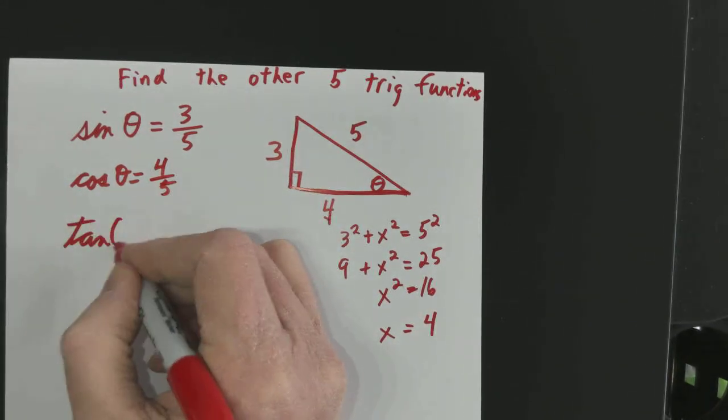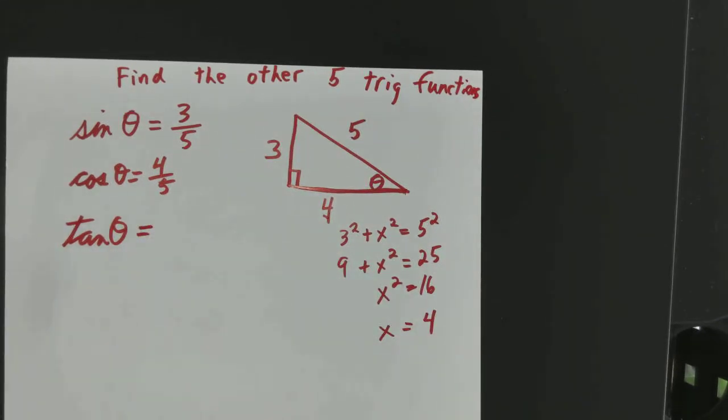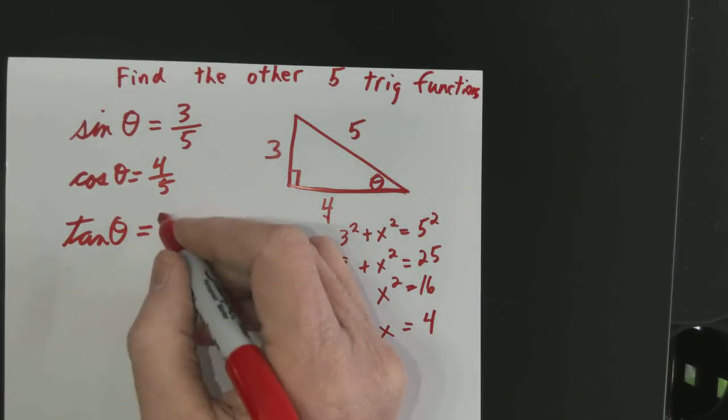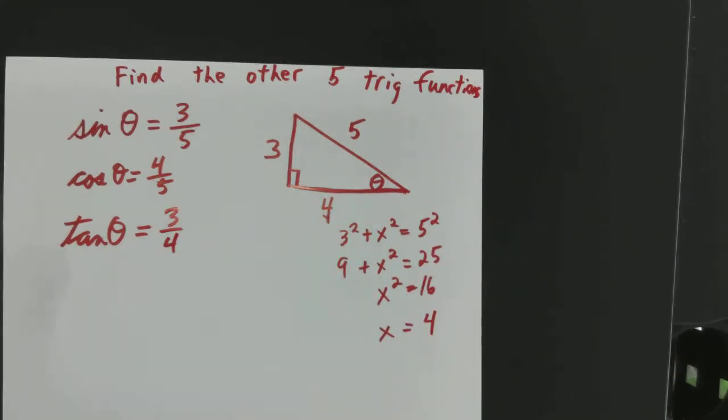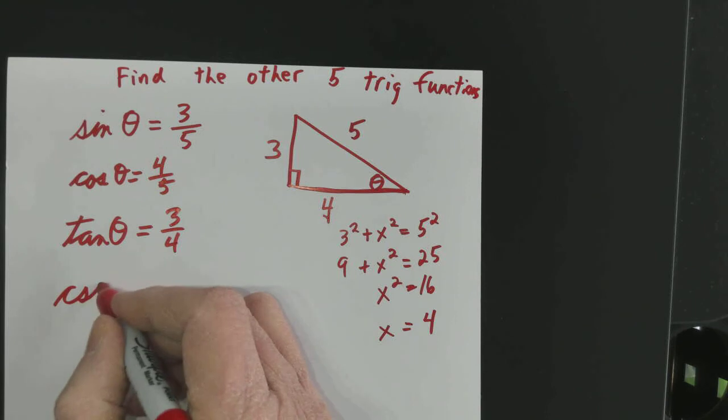Tangent of theta. Lexi. Mm, 3/4, everybody good with that? All right, Murphy, let's go cosecant of theta.